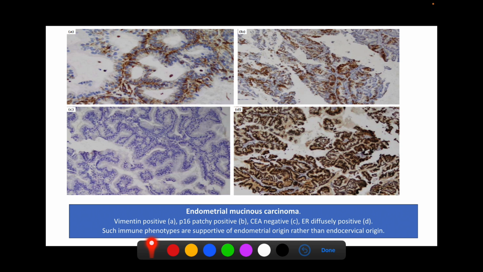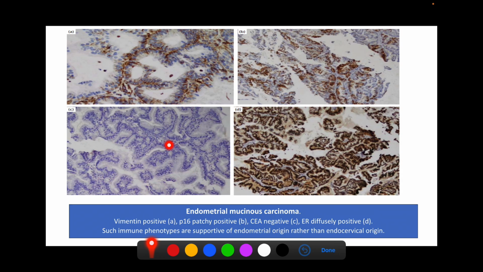So here this is the IHC section showing endometrioid differentiation where vimentin is positive. Here it is P16, which is patchy positive. Some of the areas are spared, showing no expression of P16.